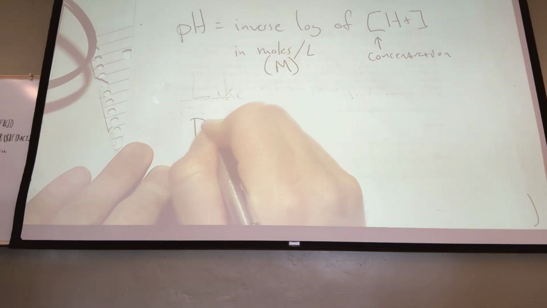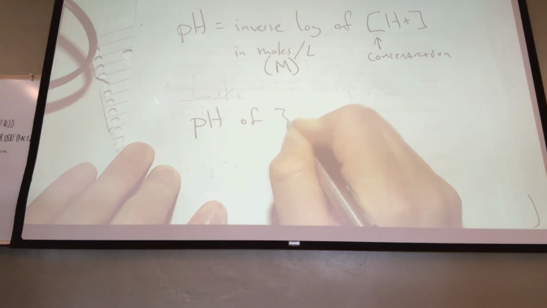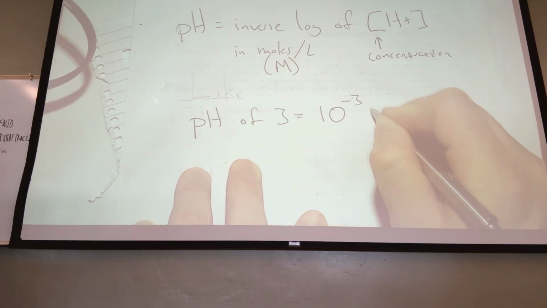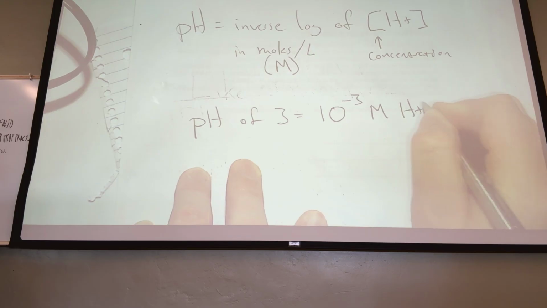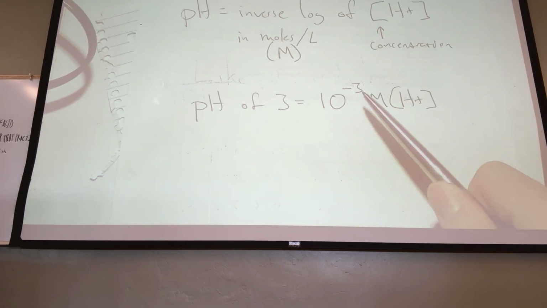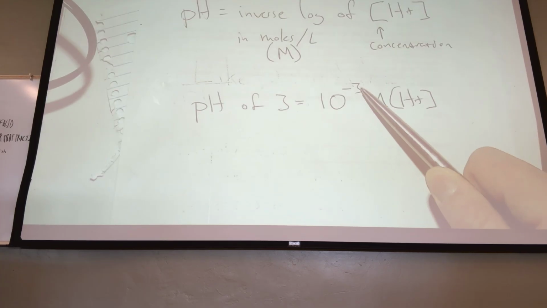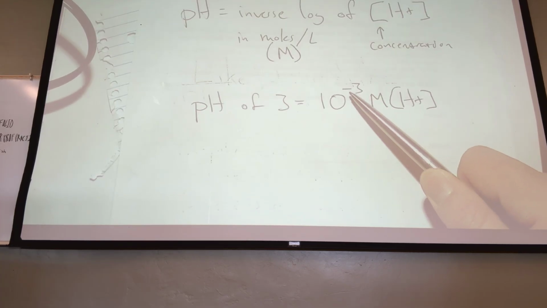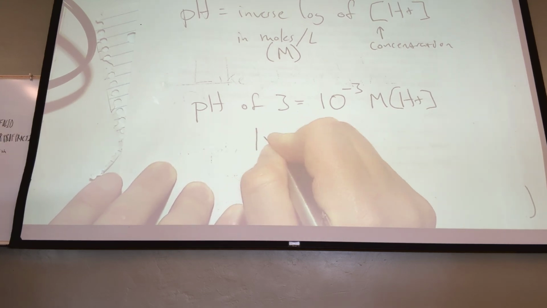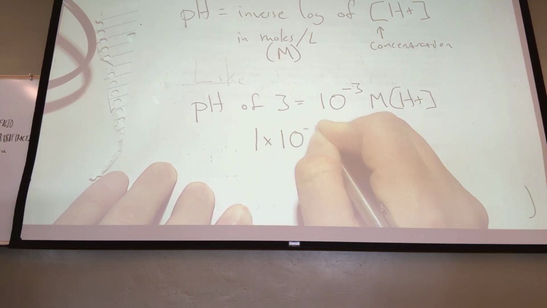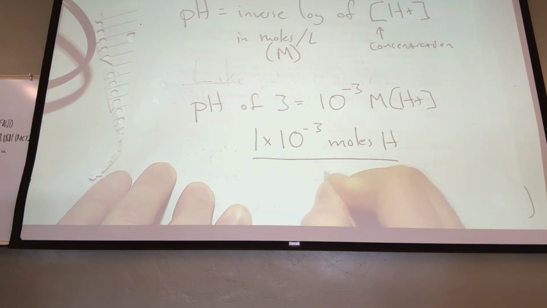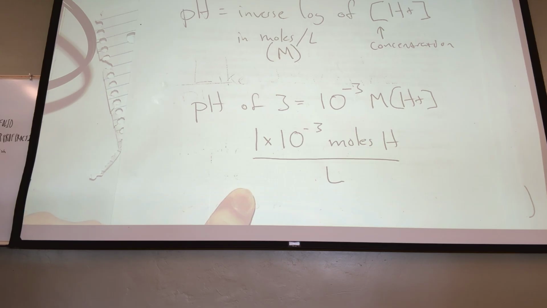So what does this mean? A pH of 3 equals 10 to the negative 3 molar hydrogen ion concentration. Look, it's the inverse log, so it's just this exponent with the negative removed. Now, what does that actually mean? That's 1 times 10 to the negative 3 moles of hydrogen per liter.